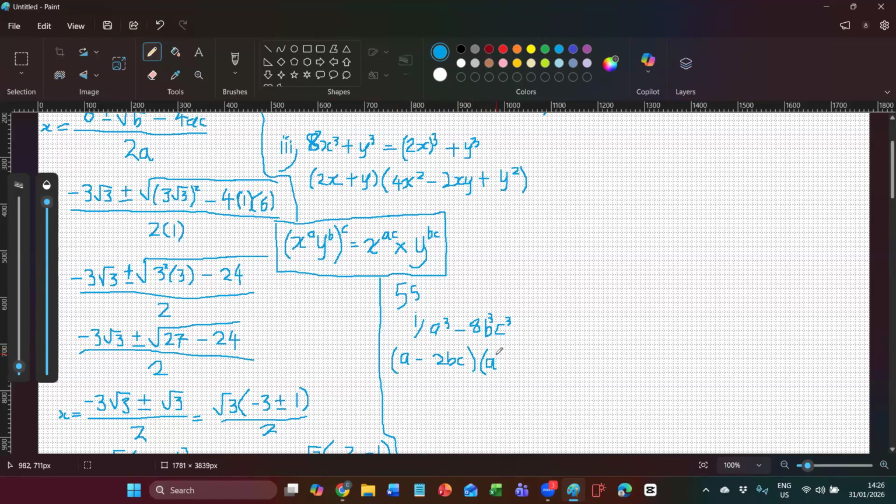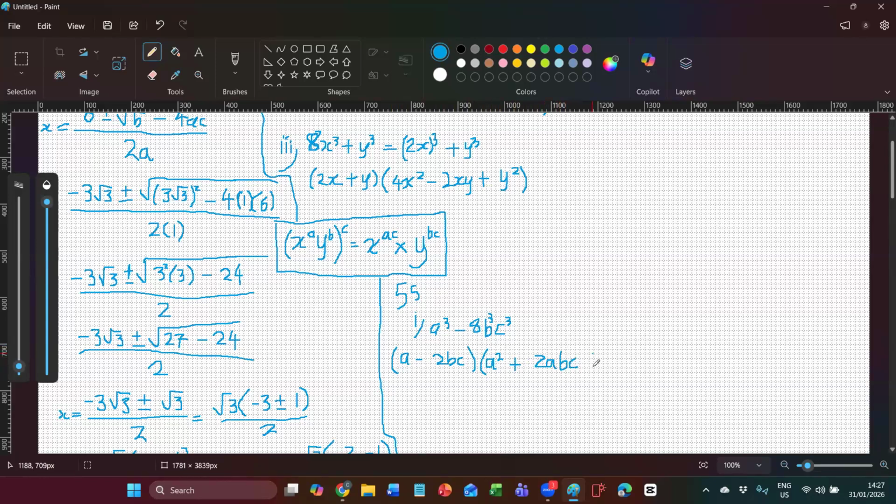So that's going to be a squared plus, that's why we flip the signs, ab, that is a times 2bc. So that's going to be 2abc.